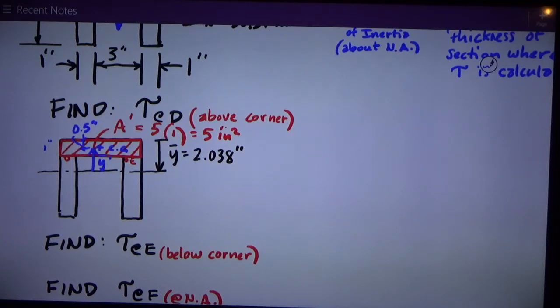So that's Y bar prime. Y bar prime, therefore, is the centroidal distance from the top is 2.038 to the neutral axis. This is the neutral axis. 2.038 minus 0.5. So that's 1.538 inches.